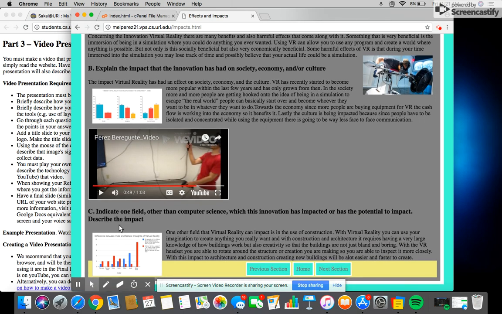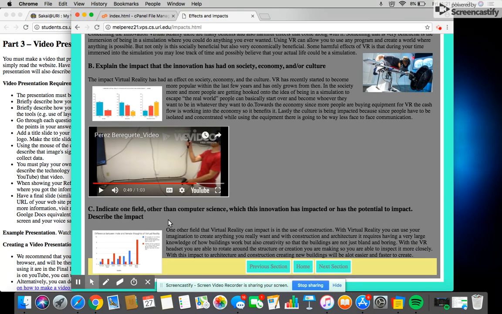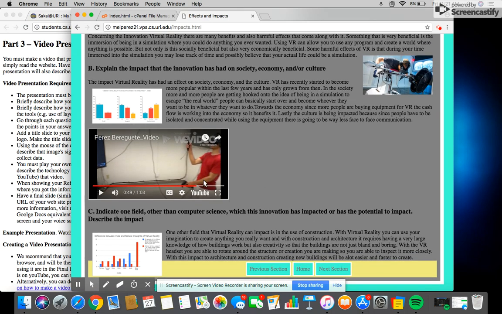Another question is: indicate one field other than computer science which the innovation has impacted or has the potential to impact, and describe this impact. Well, I believe virtual reality would have an impact in construction. This will lead to more creativity and faster building and decoration.